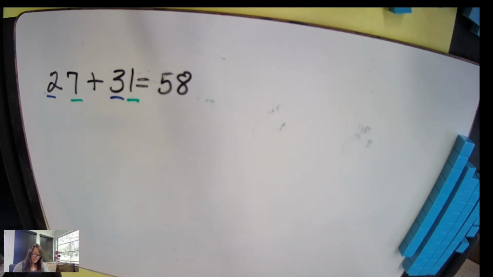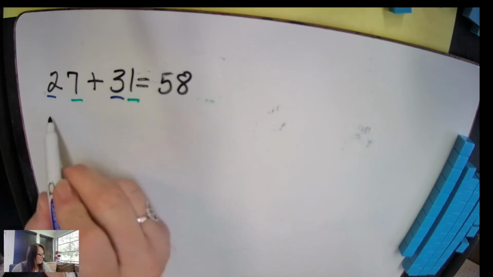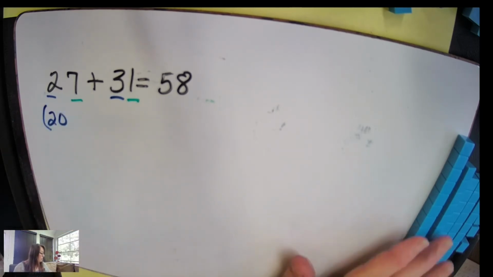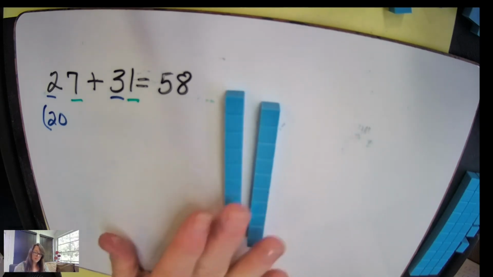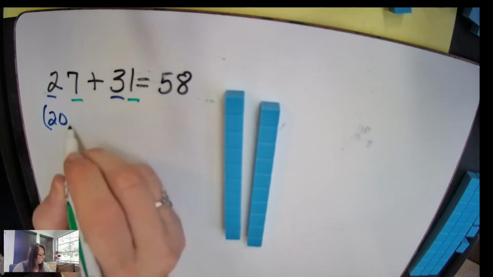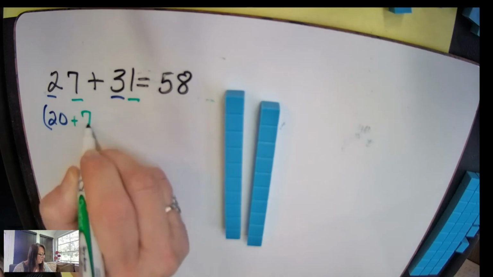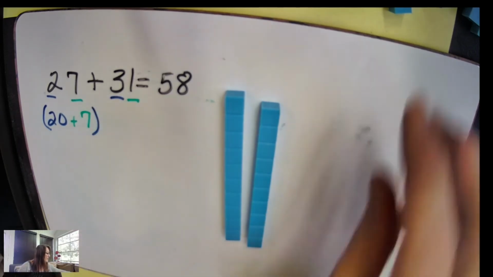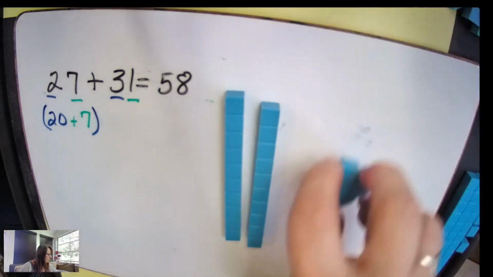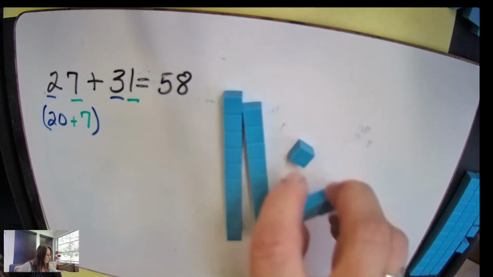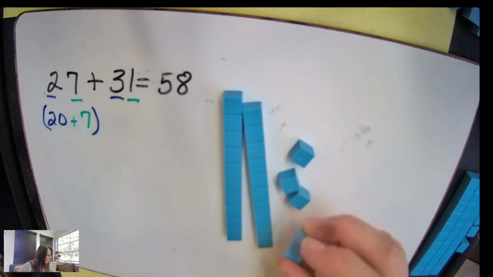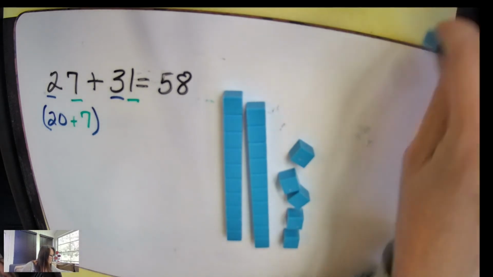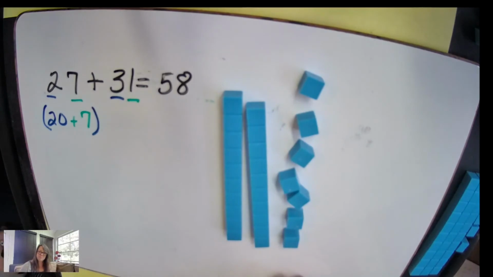So 27 is 20, or 2 tens, plus 7. So 20, 21, 22, 23, 24, 25, 26, 27.